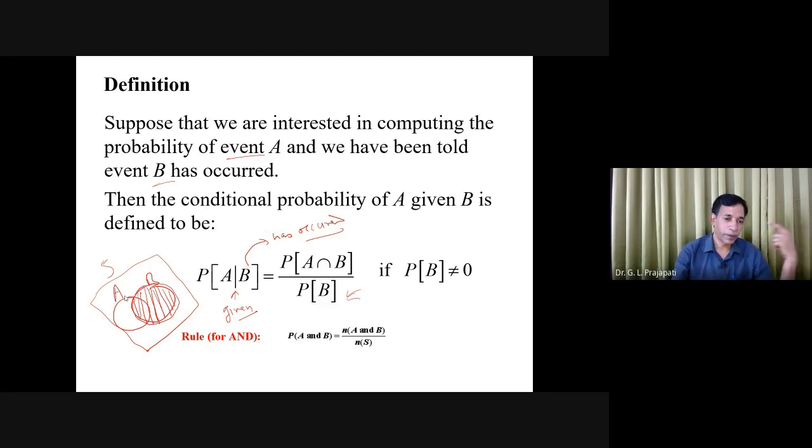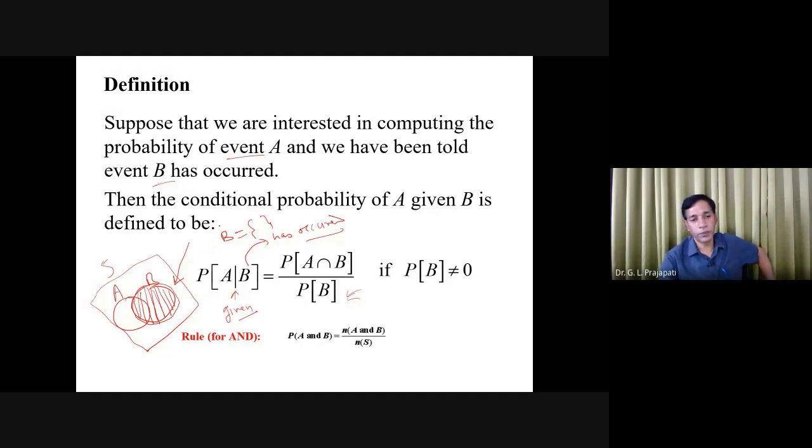Now see that as soon as you are told that event B has occurred, it means the outcome, the result of the experiment, belongs to this particular set, denoted by the set B. So you have performed the experiment, and your outcome will be in the set B. Because you say that B occurred, your outcome will be within this region, anywhere within this B. So here you have the outcome.